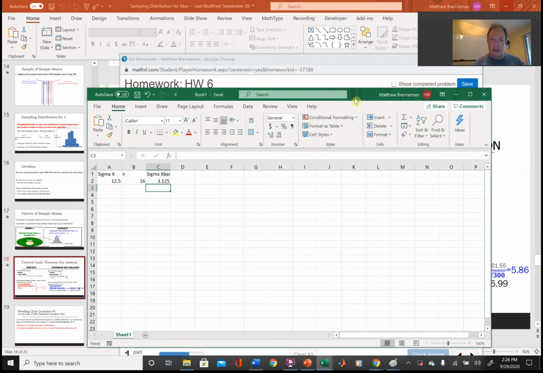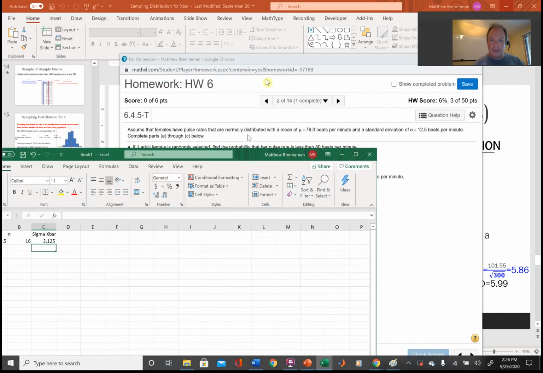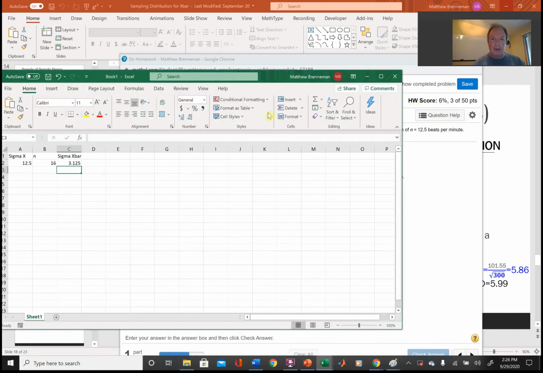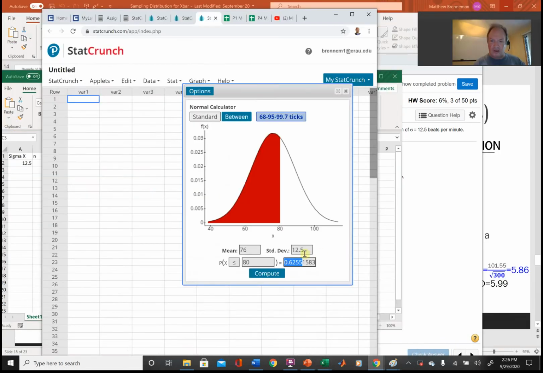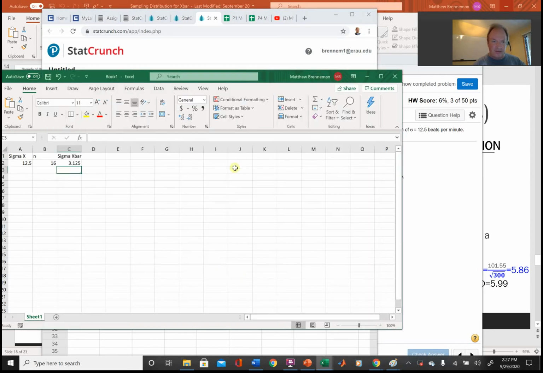And now I can go ahead and put all this in, all right? I'm going to go back up to StatCrunch, and all I'm going to do is just change this standard deviation now to whatever it is in this Excel file, which is 3.125.